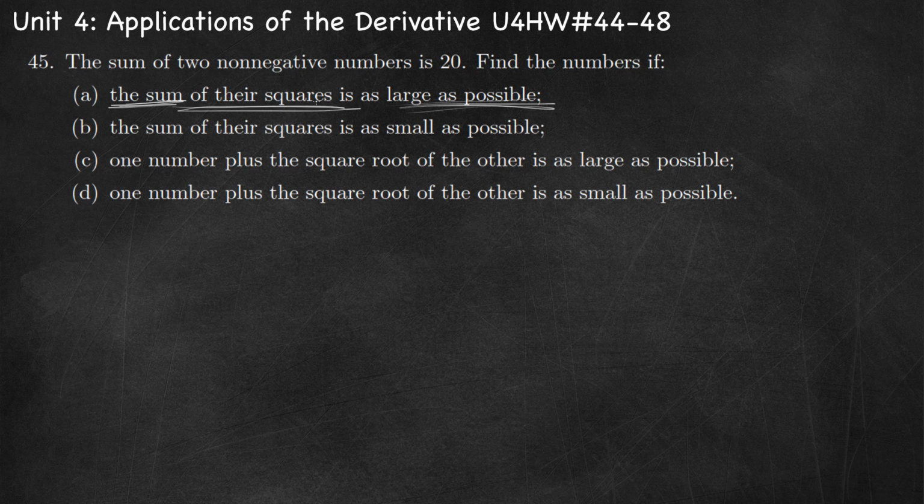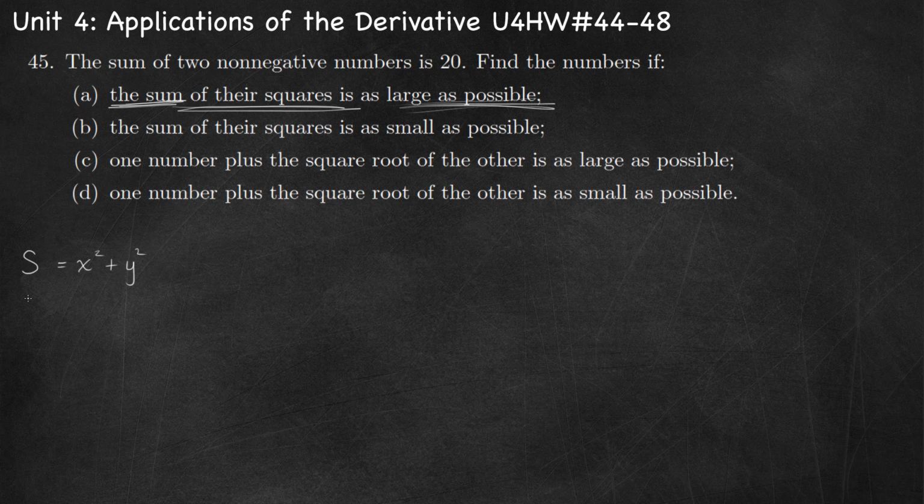But we want the sum to be as large as possible, so maximize the sum of their squares. So if our two numbers are x and y, then the sum of their squares would be x squared plus y squared. And we need to call that something, so I'm just going to call it the sum. We also know that the sum of the two numbers is 20.